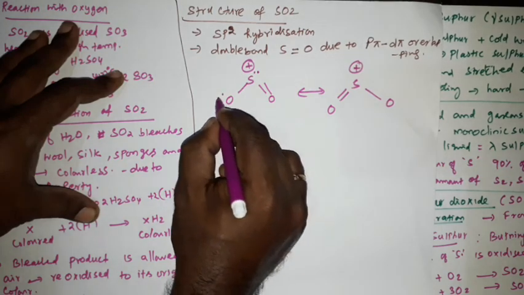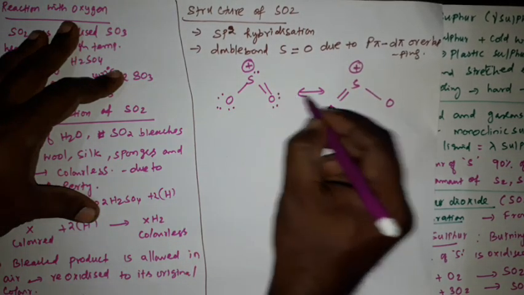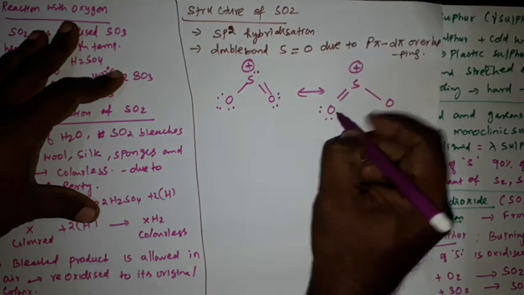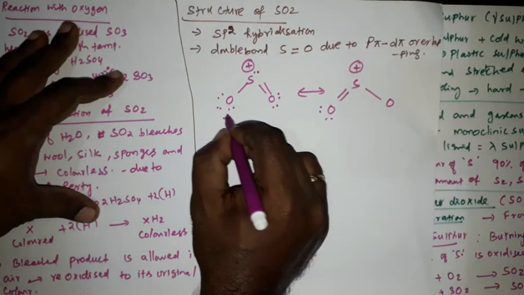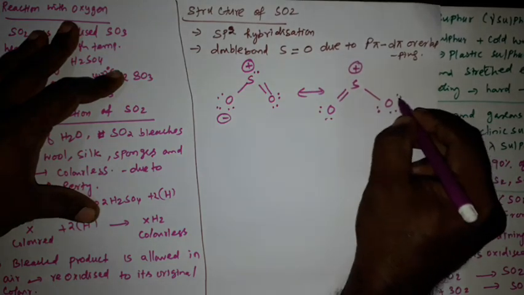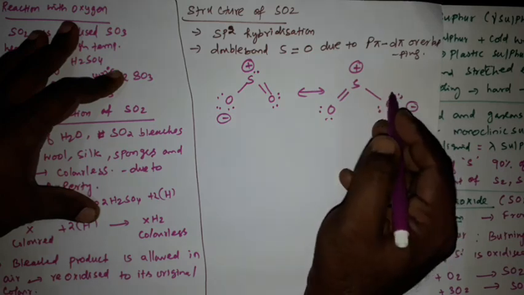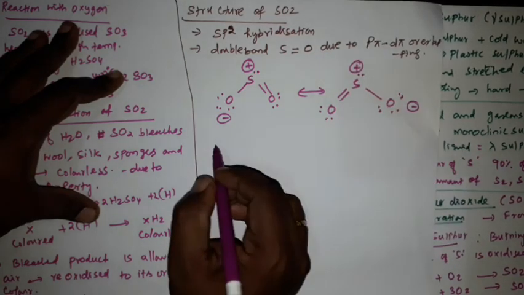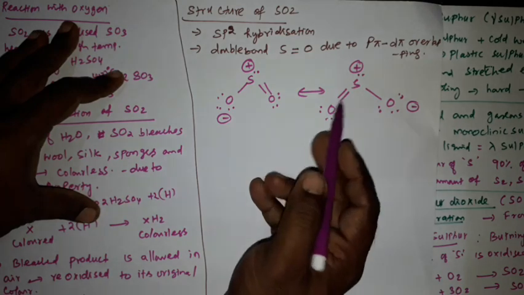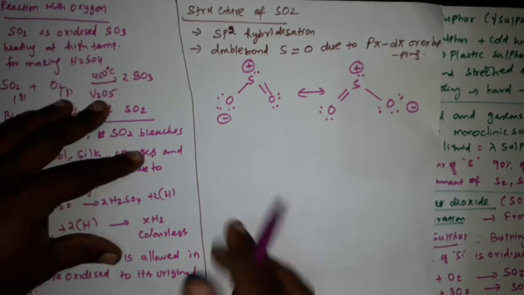Then here 6 electrons. Then here 4 electrons. Then here 4 electrons. And this is minus charge. And here 6 electrons. Here minus charge. Okay. Lone pair electrons. So that's all about the structure of sulfur dioxide.